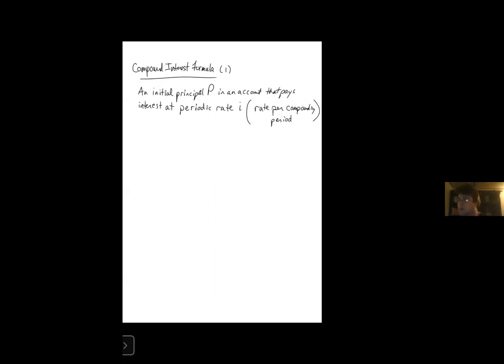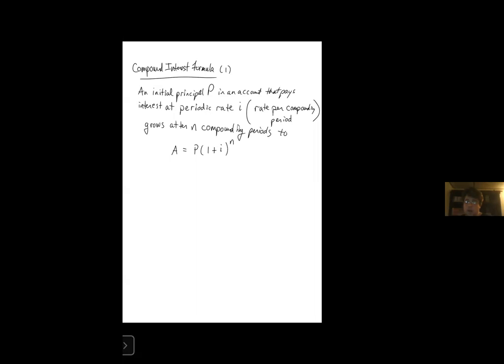And just to really hammer that down, it's the rate per compounding period. An initial principal P in an account that pays interest at periodic rate I grows after n compounding periods to A, which equals P times 1 plus I to the n.